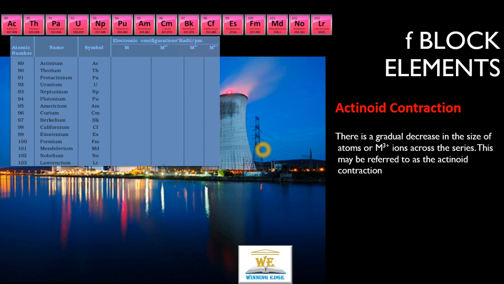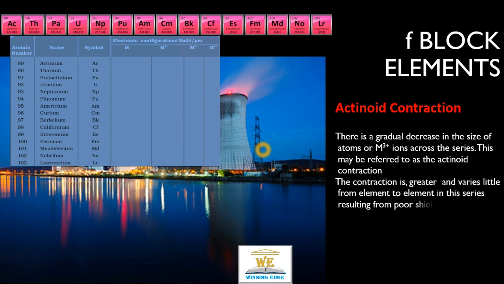This is similar, but the contraction is greater and there is a variation compared to lanthanoids. The reason is the same: 5f orbitals have a poor shielding effect, and they are more diffused than 4f.